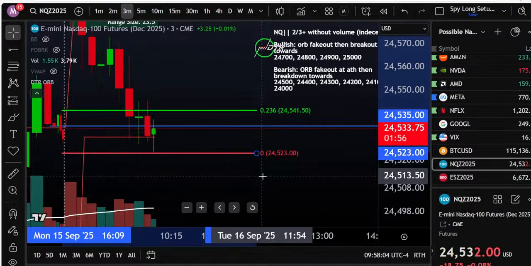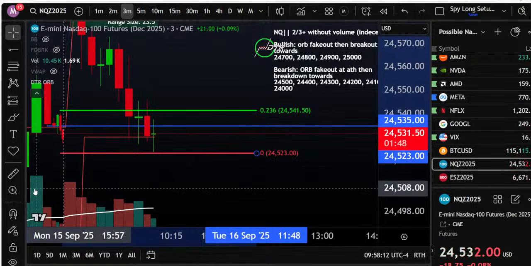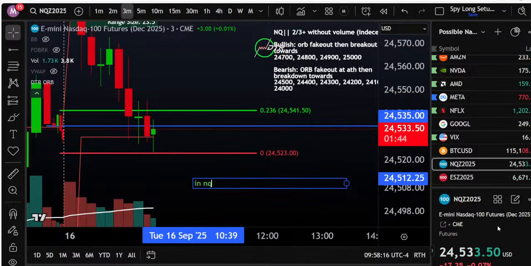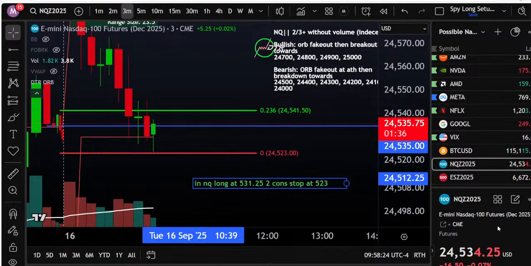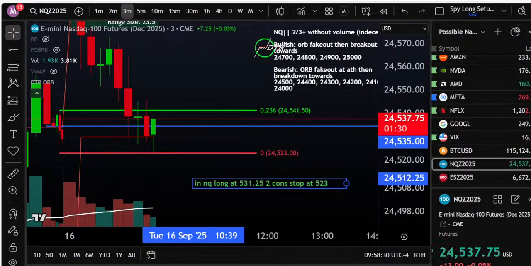Okay, guys, I am in, average price 531.25. 531.25. Let's see if this thing can go. There it goes.